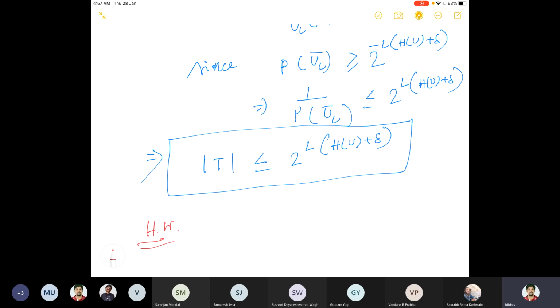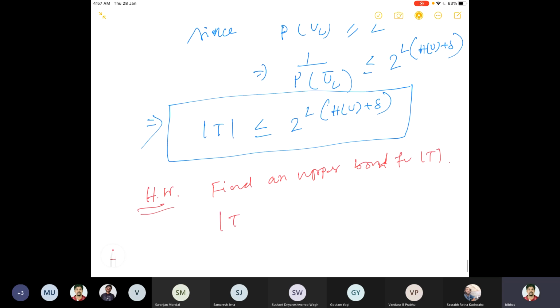Find an upper bound for mod T. Oh, here I got already the upper bound. We have to find the lower bound. Yeah, so we have to find the lower bound.